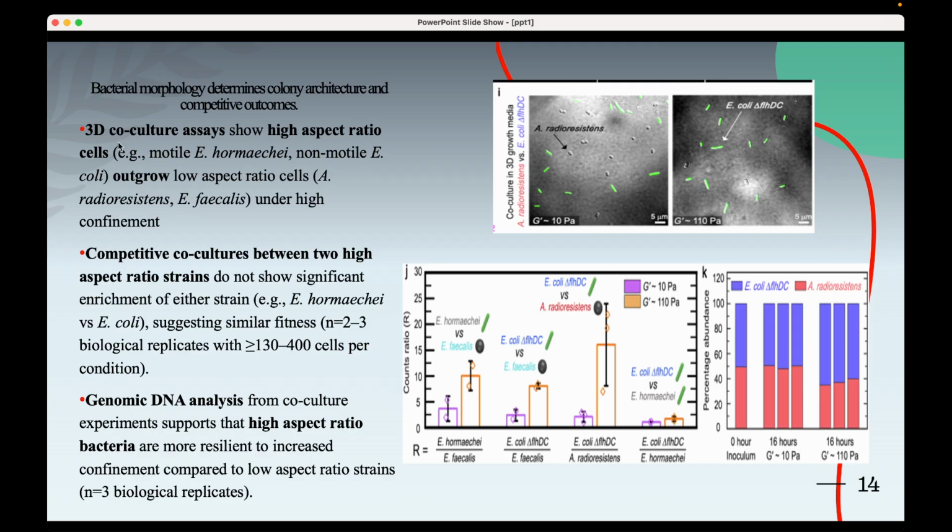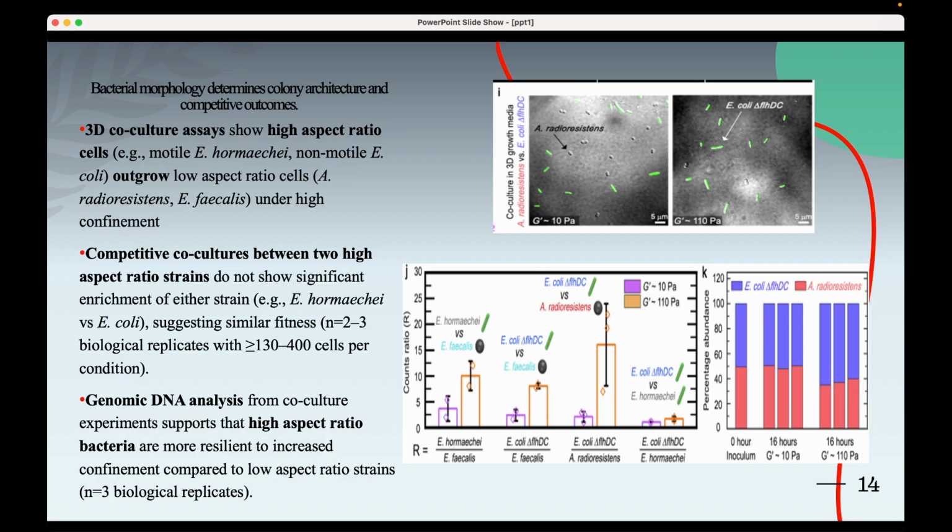Next, 3D co-culture assays show high aspect ratio cells, for example motile E. hormaechei and non-motile E. coli, outgrow low aspect ratio cells. Competitive co-cultures between two high aspect ratio strains do not show significant enrichment of either strain, suggesting similar fitness.